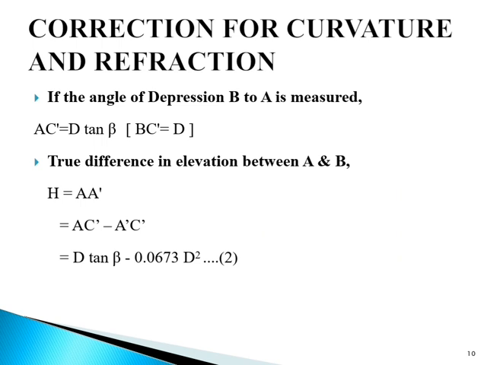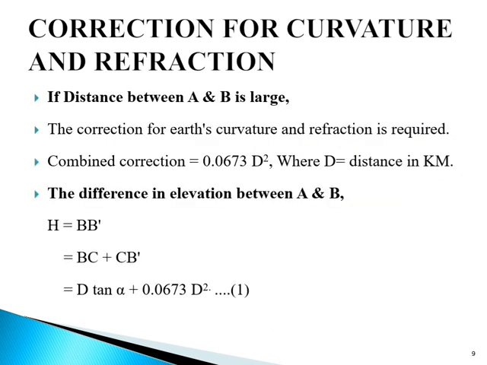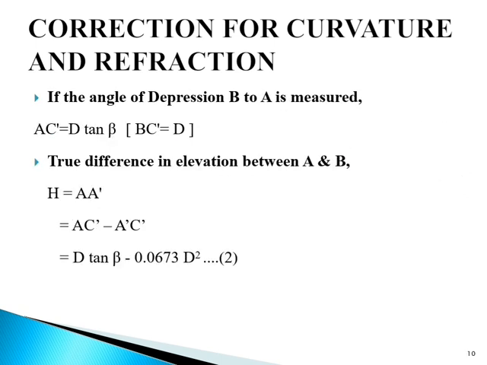It will be given by AC dash minus A dash C dash. So the equation will be D tan beta minus 0.0673 d square, and we will term it equation number 2.